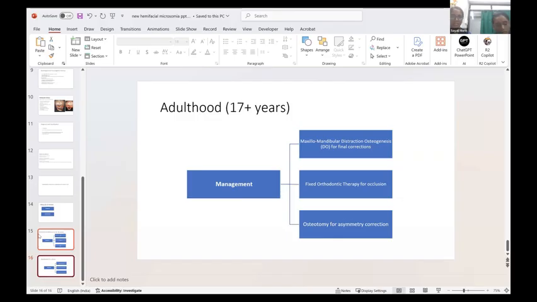So in the Tessier classification, 0 is the median, and 1 is the paramedian cleft, then cleft 2 is the middle third of the nostril rim. Tessier 3 is the oculonasal cleft, which has the medial orbitomaxillary clefting.